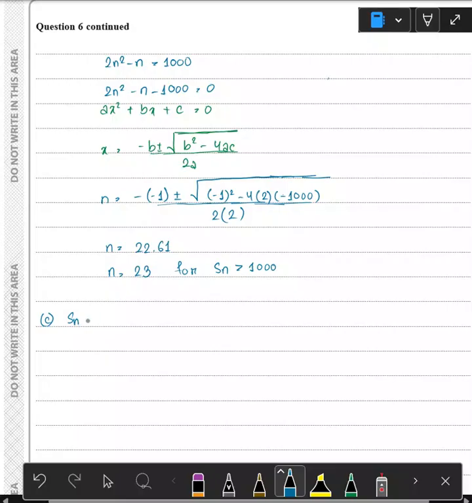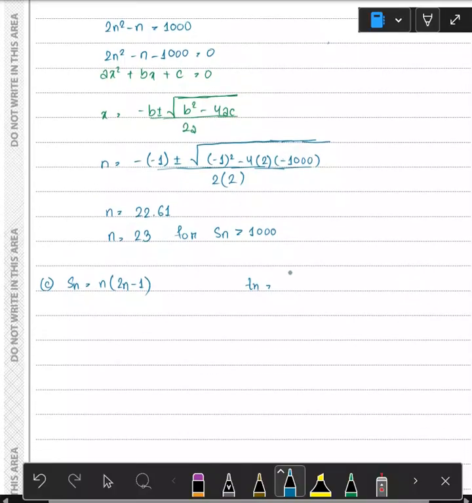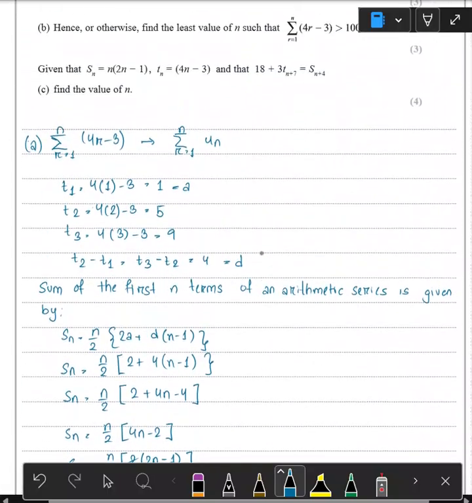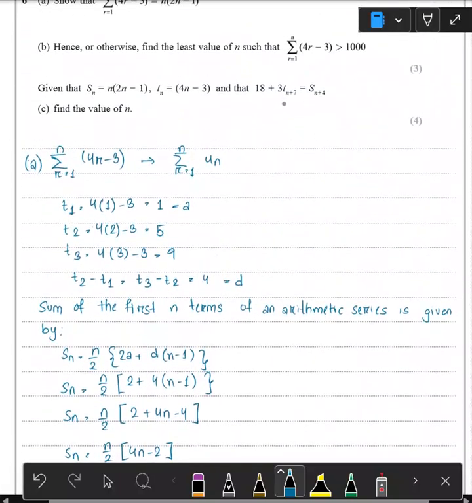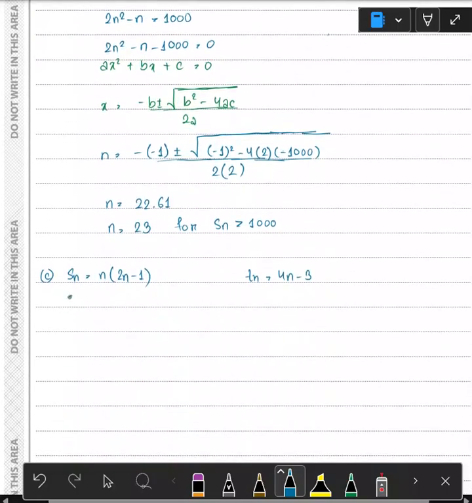This might be confusing, but it's a very simple thing. So Sn is n bracket 2n minus 1, and Tn they have given us, which is 4n minus 3. So they have asked us to find Sn+4 and Tn+7. So let's do Sn+4.